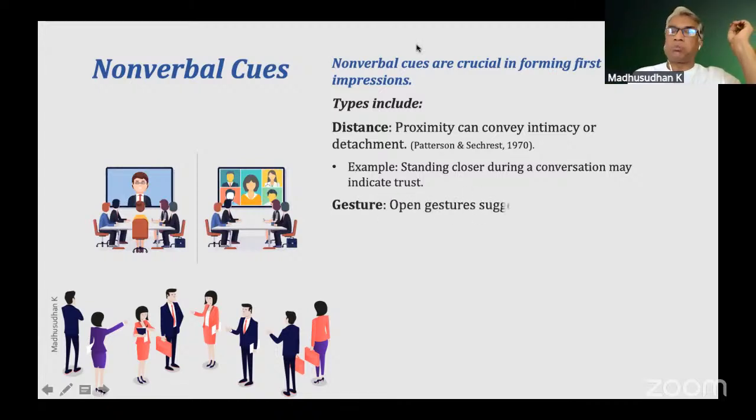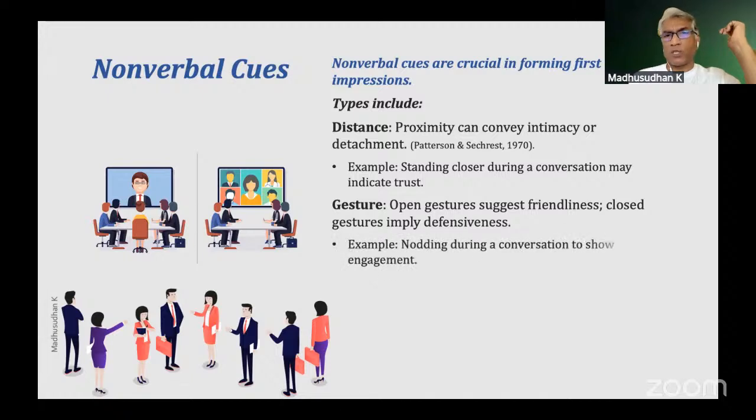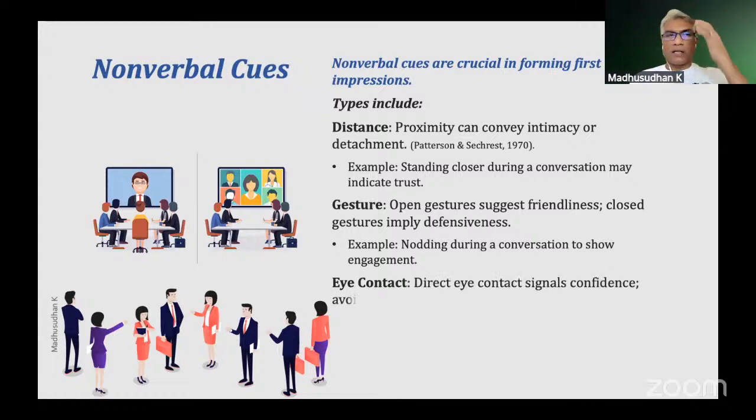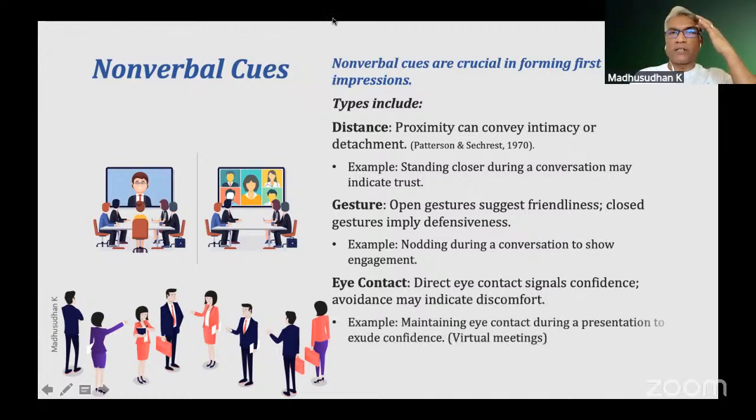So different types of non-verbal cues are there. For example, distance, proximity. How much distance are you keeping while talking with another individual in corporate settings? If you are very close to them, there is a principle about distances: 1.5 feet, 4 feet, 3 feet, something like that.